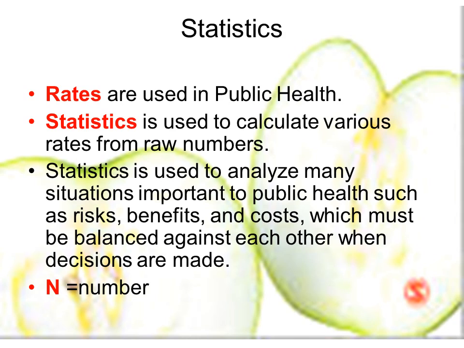And statistics are basically used to analyze many situations important to public health, such as risks, benefits, costs, which must be balanced against each other when decisions are made. And the only reason I throw this in about public health is because it's very easy for me to identify public health with healthcare.